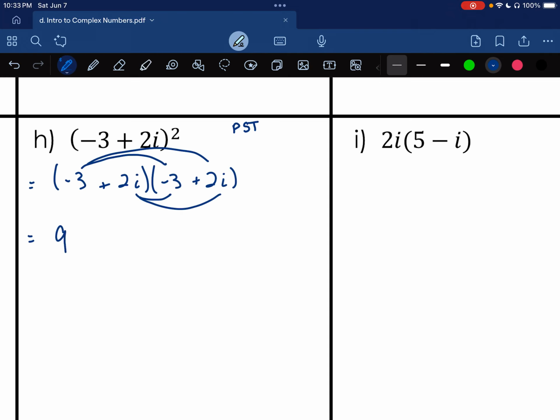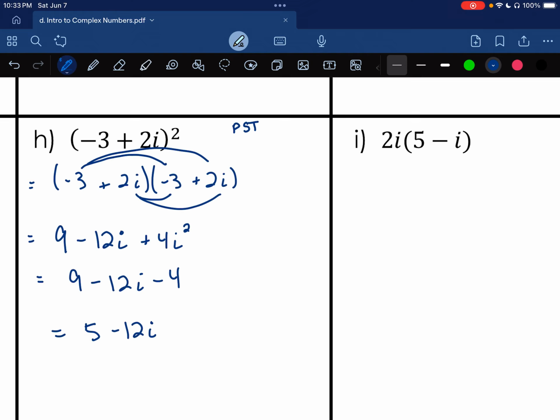Negative 3 times negative 3. I'll end up with negative 6i and another negative 6i. So I'll have 2 negative 6i's, or negative 12i, plus 4i squared. And you might be able by now, since we know that i squared is just negative 1, to jump to making that a minus 4, right? So I'll have 9 minus 12i minus 4, or 5 minus 12i.